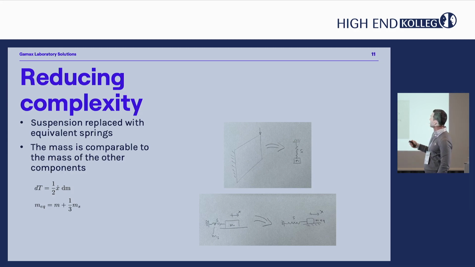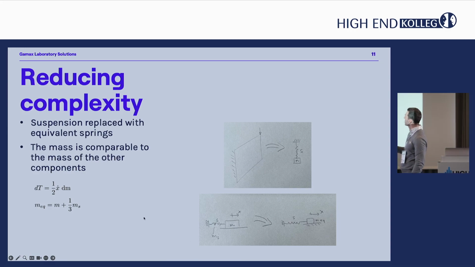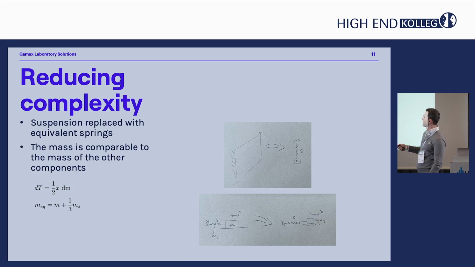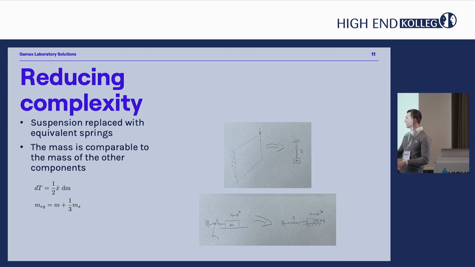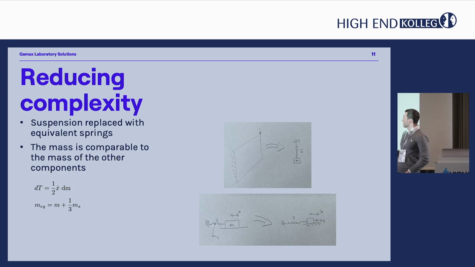And then the mass of the suspension is comparable to the other parts' masses, so if you want to create an accurate model, we shouldn't neglect the mass of the suspension.